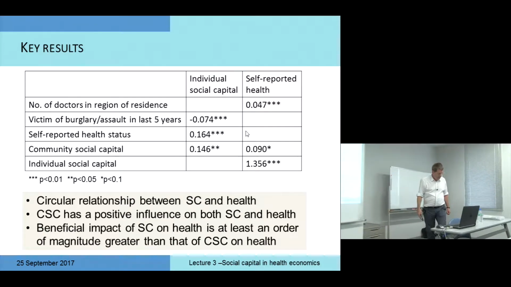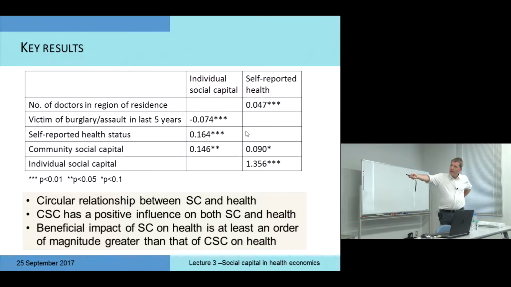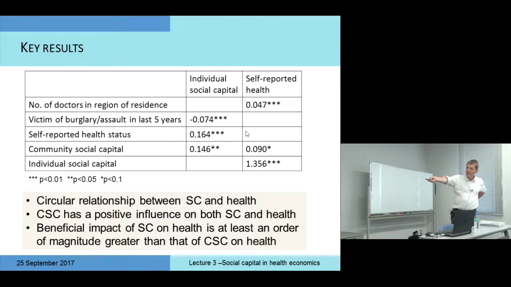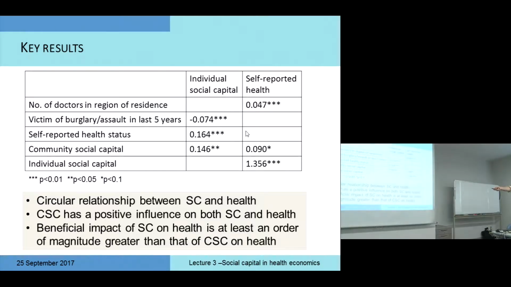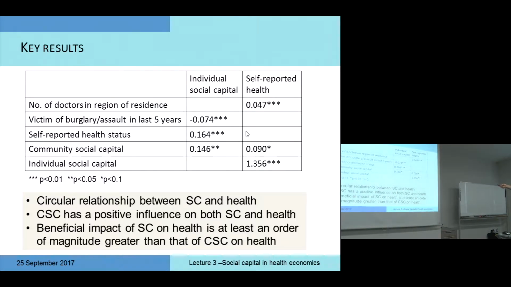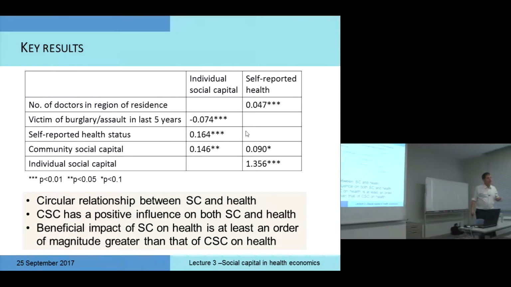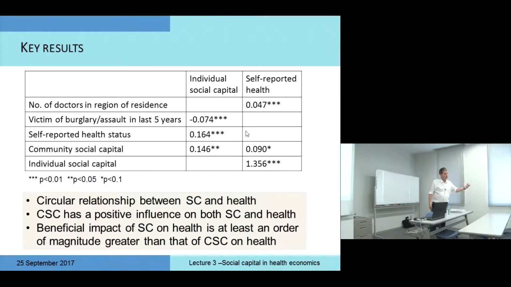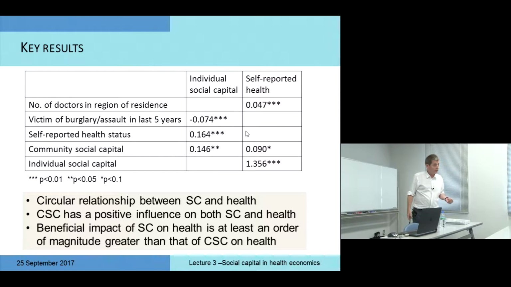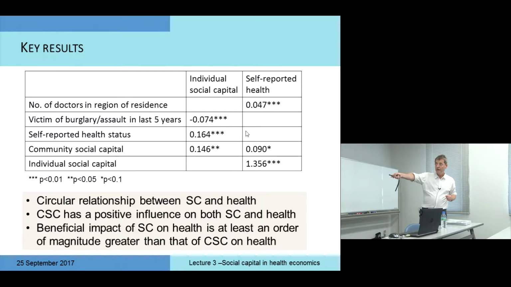And then finally, they found a positive relationship between the community social capital and individual social capital. Remember, the individual social capital is the extent to which you trust others. The community social capital was a sort of reference group, peer group, average level of individual trust, and found a strong positive relationship. So that's one equation.